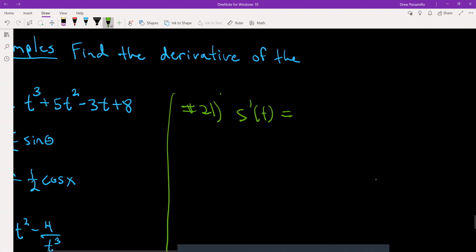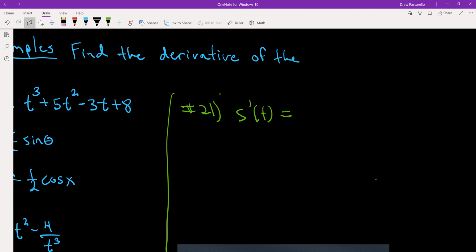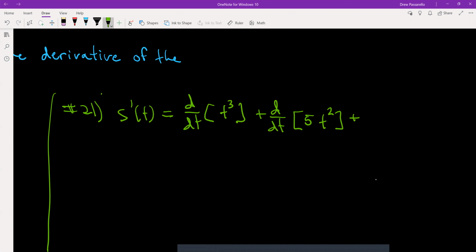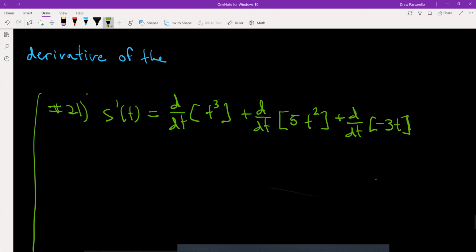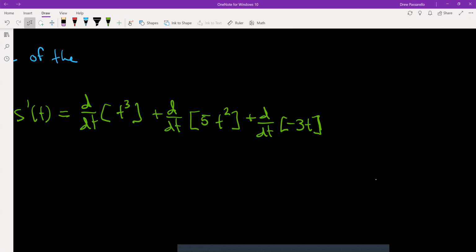So I'm going to take the derivative of each component. And the last term is 8.